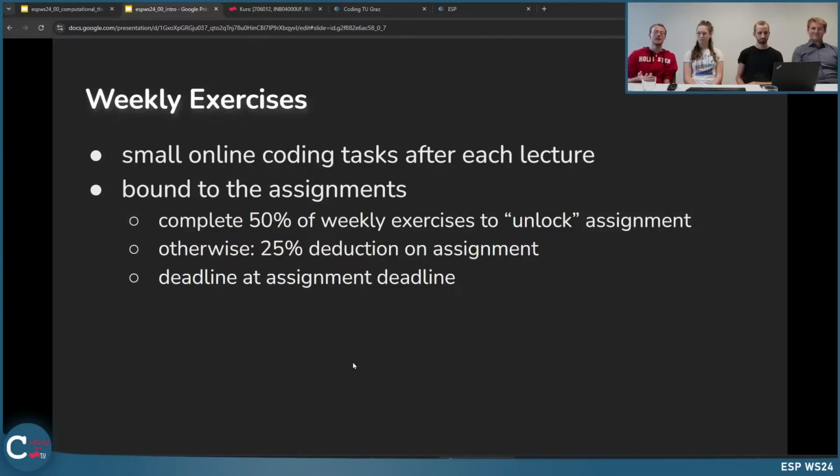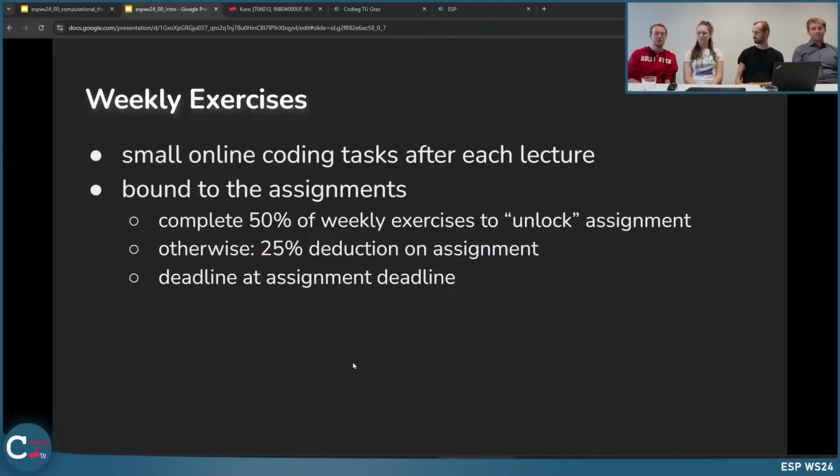Because we would like to encourage you to practice more, to code more, and to be up to date during the lecture and during the practicals. It's highly recommended that you do these coding tasks after the lecture and the practicals, but certainly before starting your assignment, because then you have some experience in the concepts that we teach, and we believe you will have an easier time doing the assignment.